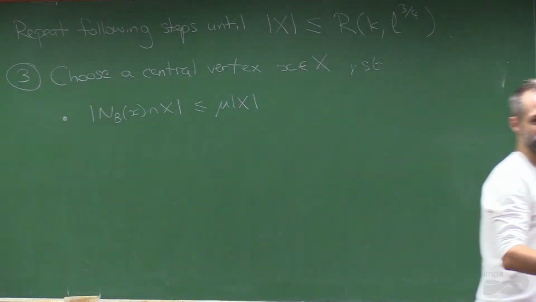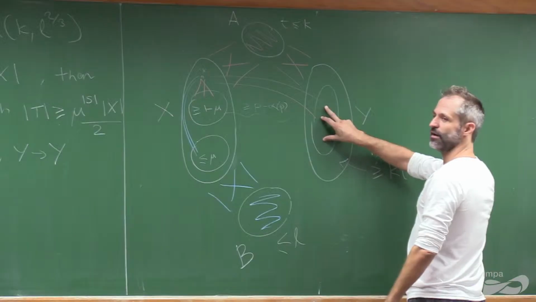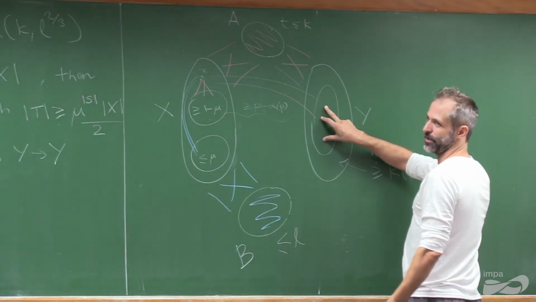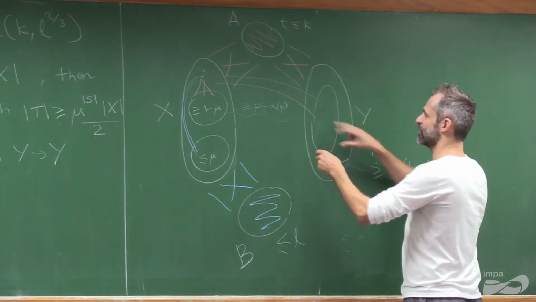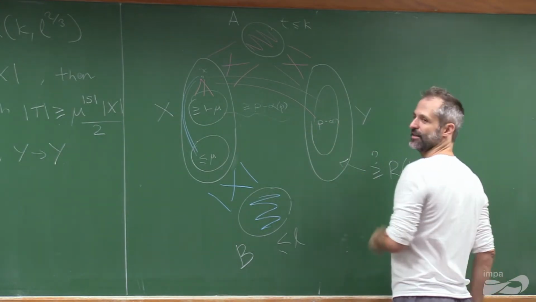And therefore, red neighbors is 1 minus mu. Over here, we're happy because we have the min degree condition. So this is like at least p minus little o1, basically, times y.